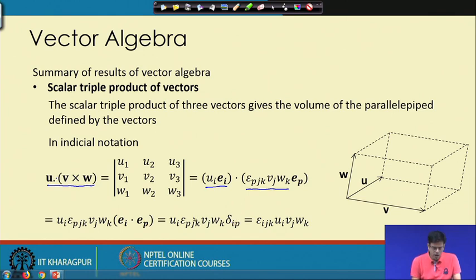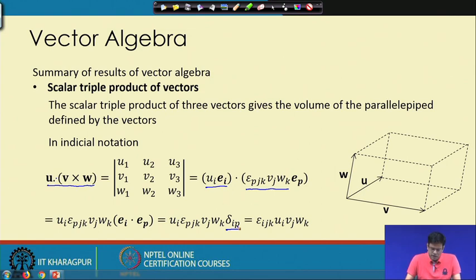As we know from our relations, e_i dot e_p will be 1 only when i and p become equal. So, this leads to delta_ip.